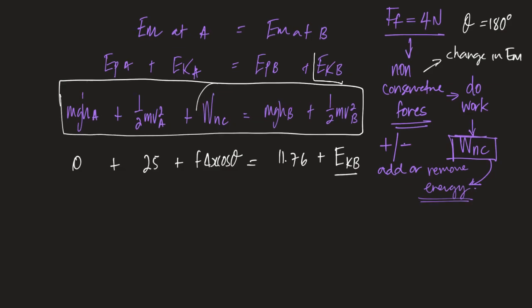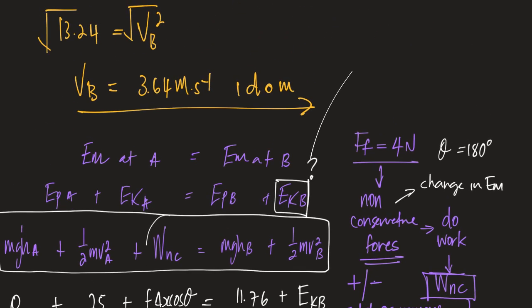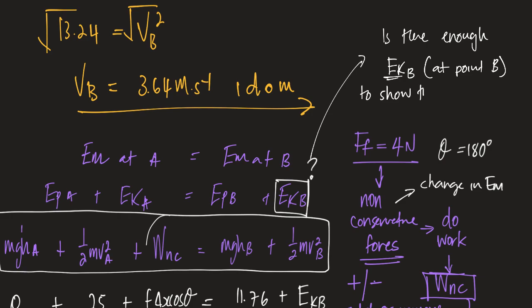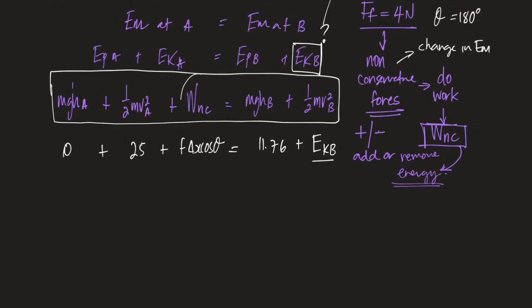So this here is what we're looking for. Let me just make a note. Is there enough? I'm going to show you a few methods so that you can see what method you'd prefer. Is there enough EK at point B to show that it reached? Okay, so that's what we're looking for essentially.